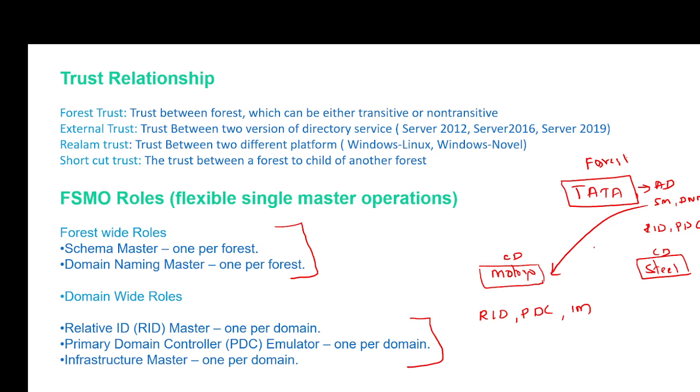Then the domain-wide roles are three: the relative identifier, primary domain controller, and infrastructure master. This relative identifier is a role responsible for having the RID pool. Say for example, in Active Directory, how it happens, I already told you, the computer does not understand names, it will only understand numbers.